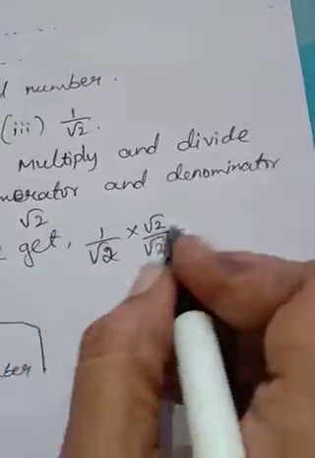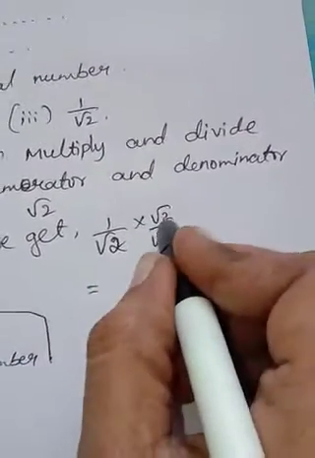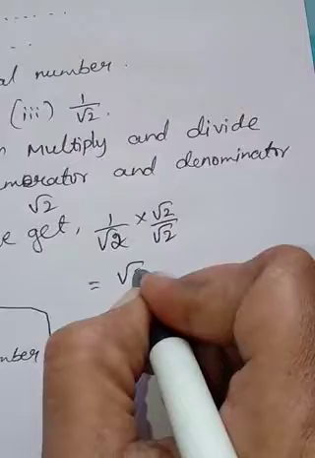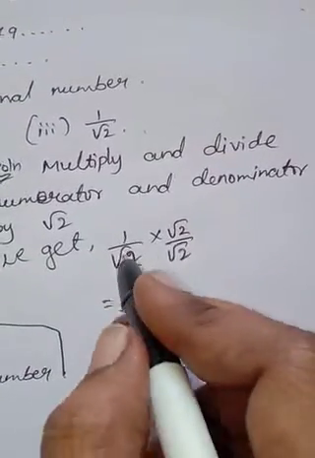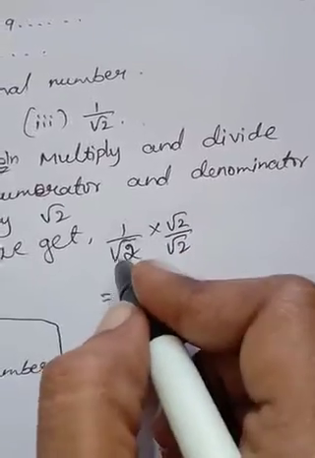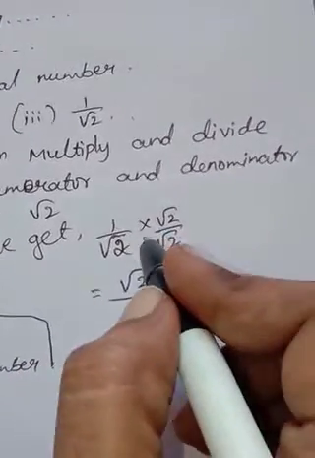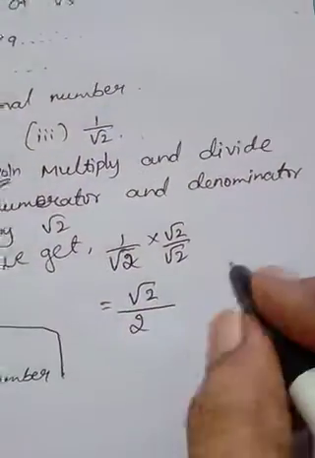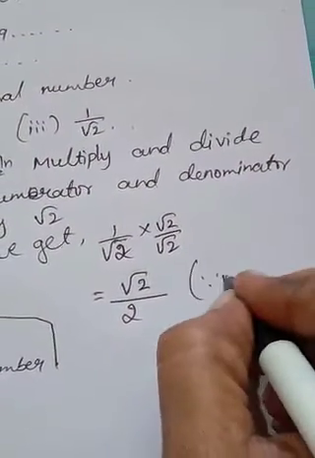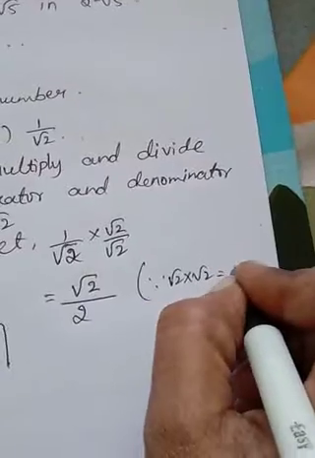Okay, then by multiplying this, root 2 into 1 is root 2. Again root 2 into root 2: you all know that when I multiply the same square root, I am going to get a whole number, that is root 2 into root 2 is 2. Then you write it in the bracket, root 2 into root 2 is equal to 2.